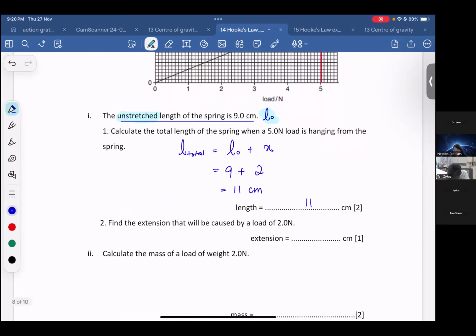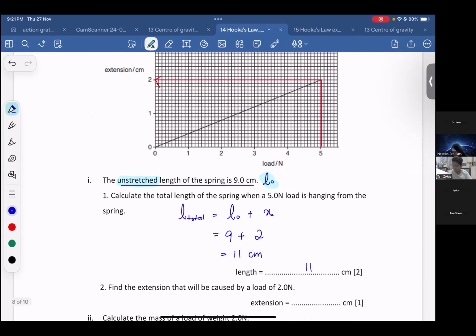Find the extension that will be caused by a load of 2 Newton. Okay, 2 Newton. When 2 Newton, what is the extension? Correct, Angeline. Emily, correct.